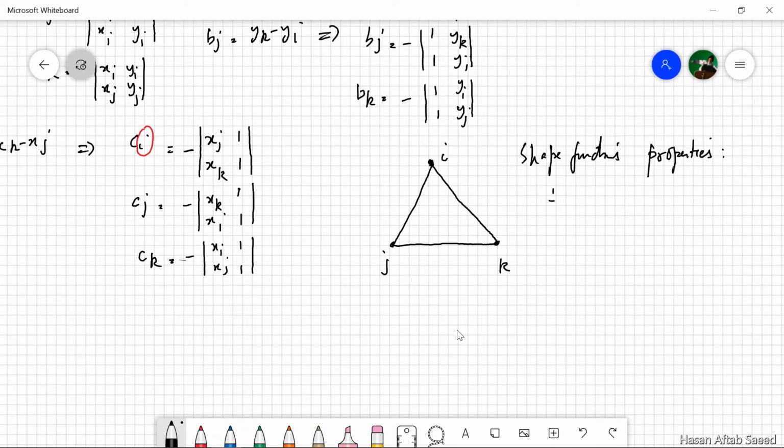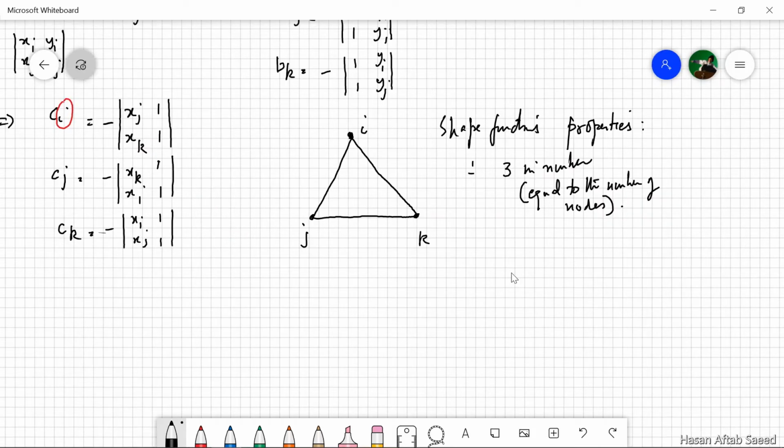Number 1, they are 3 in number. These are 3 in number, ni, nj, and nk, equal to the number of nodes. Well, that makes sense.